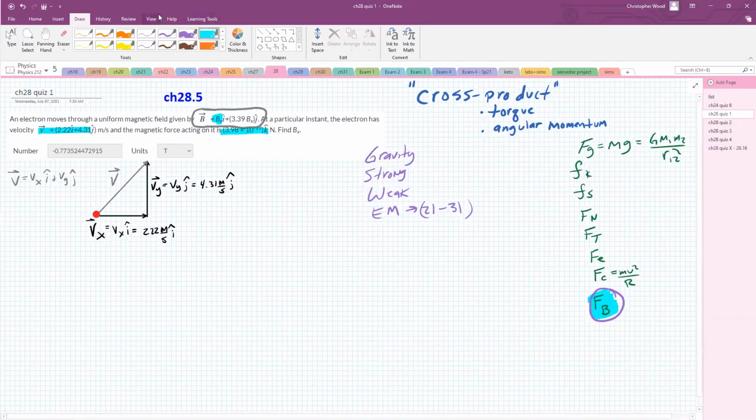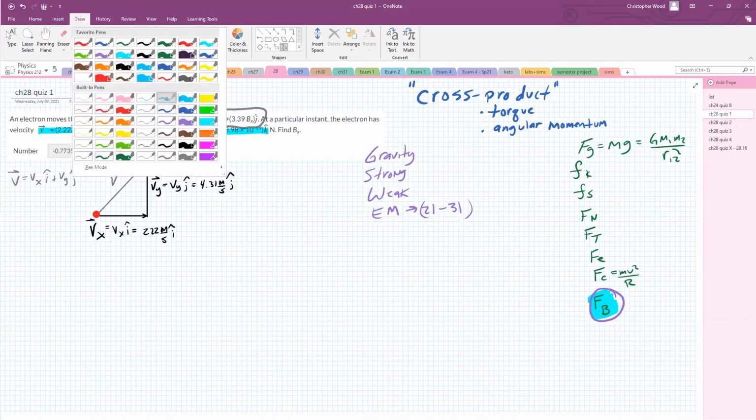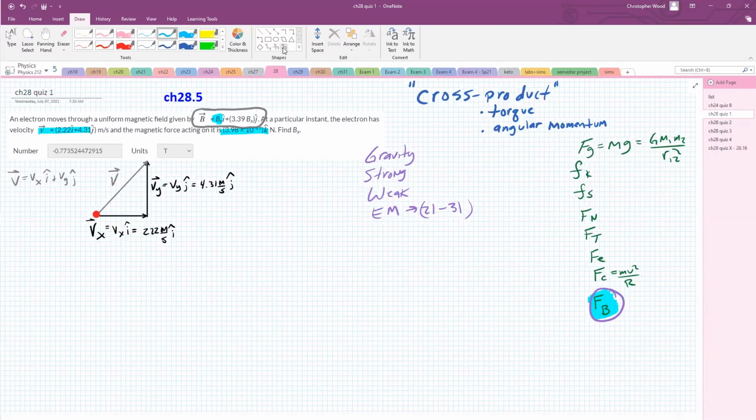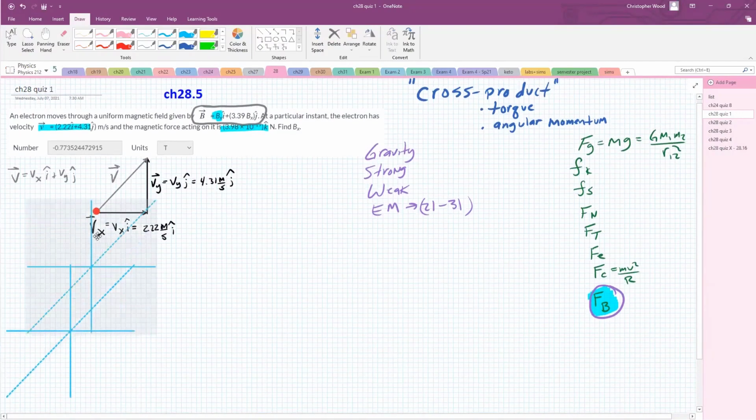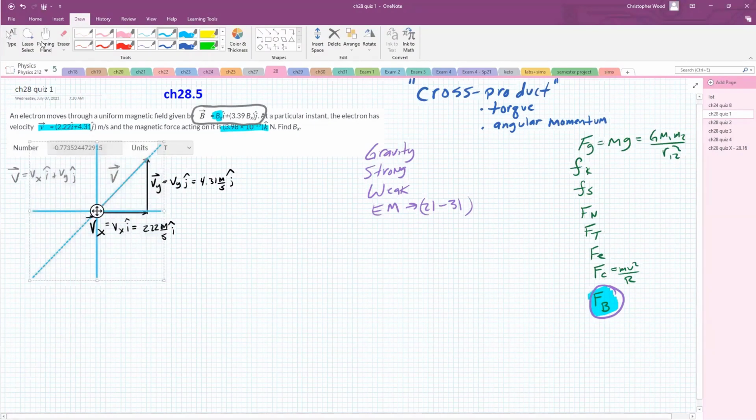So if I was going to put all of this on a three-dimensional coordinate system, here's the three-dimensional coordinate system. Okay. I'm going to alter this because I didn't mean this to be perfectly lined up.